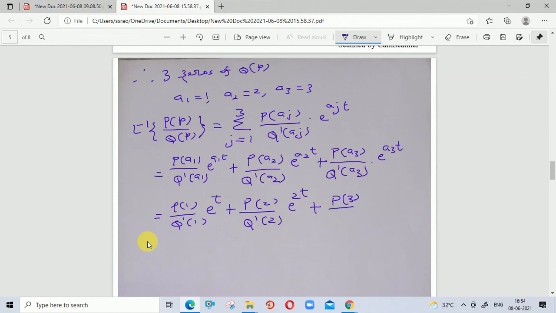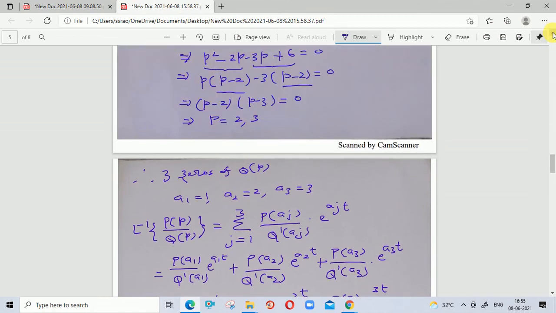So that is equal to, we have not calculated P1 here. Okay, so let it be equation number 1.